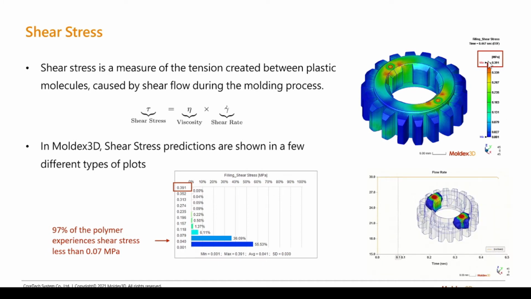So in this case, we have a maximum value of 0.391, so you might think that this region of the part is undergoing about 0.4 MPa of stress. However, that's not really the case because a majority of the part is actually at the bottom of this histogram, indicating that a majority of the material is undergoing less than 0.2 MPa of stress, which is about half of the maximum in this case.